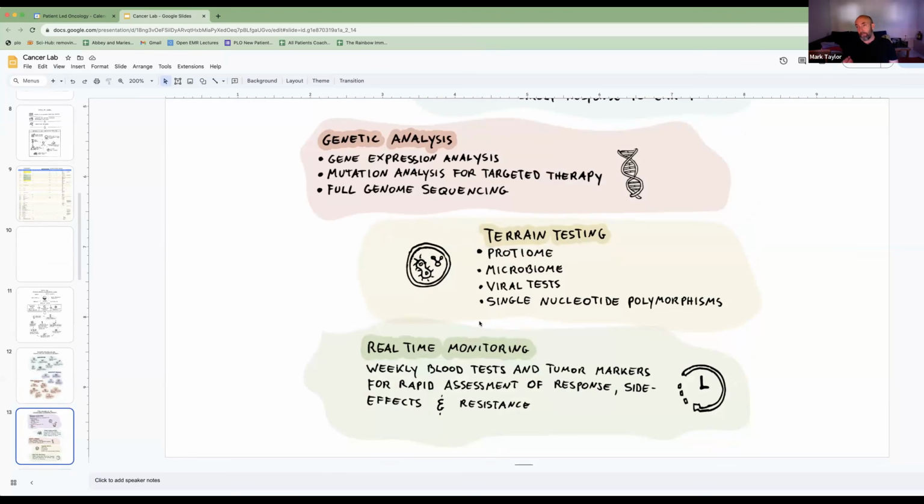And what that gave us is an immense amount of data. So as we were doing treatments, we could see whether they were responding almost immediately. We could spot side effects almost immediately, and we can see resistance almost immediately.